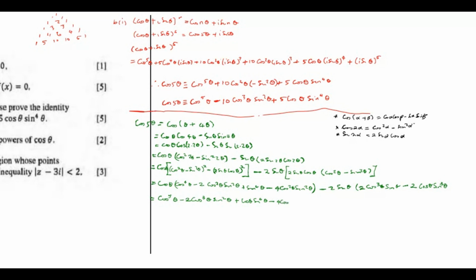Then we are having minus 4 cos cubed theta sine squared theta, minus and a minus is going to be plus 4 cos theta sine cubed theta.